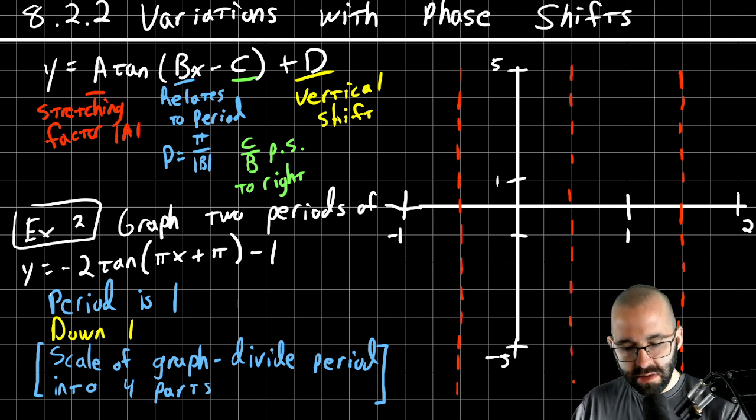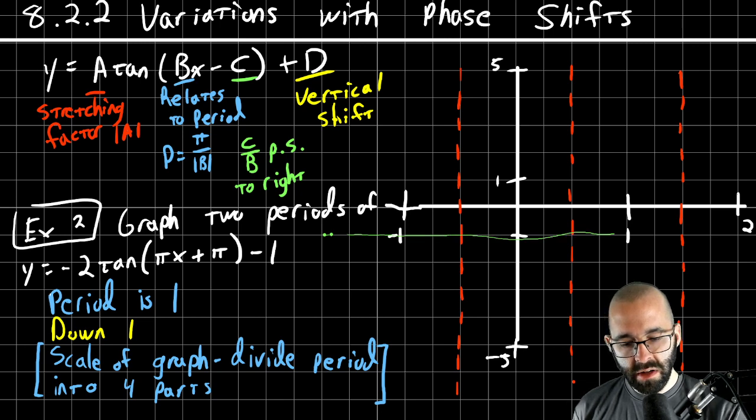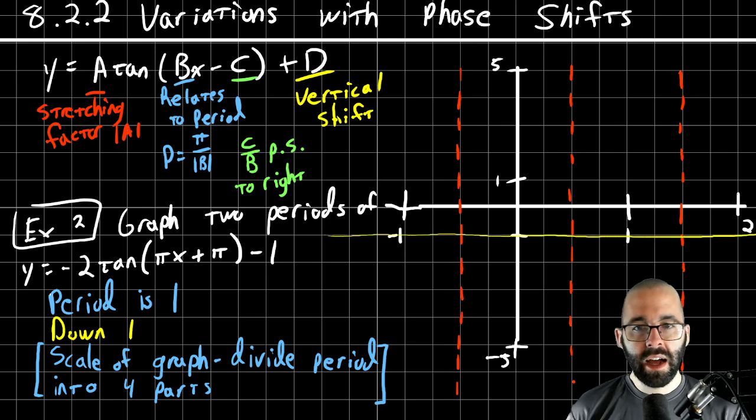And the middle, if you will, of this graph is this green line down here, y equals -1. In fact, it might be even better to think of that middle as yellow, because yellow is the vertical shift, and yellow is what has to do with our middle.